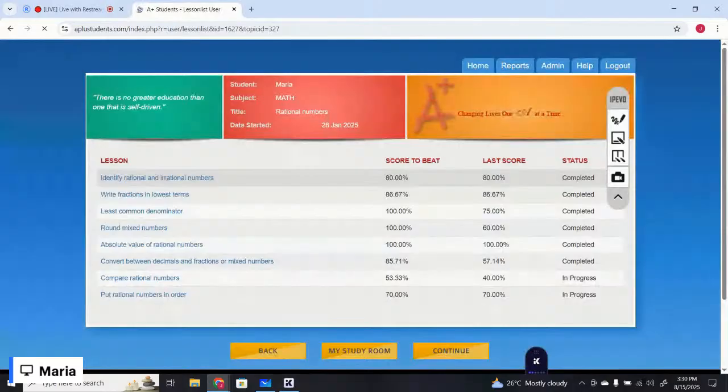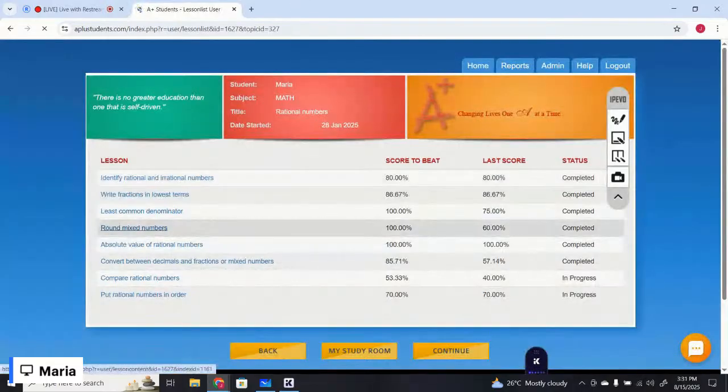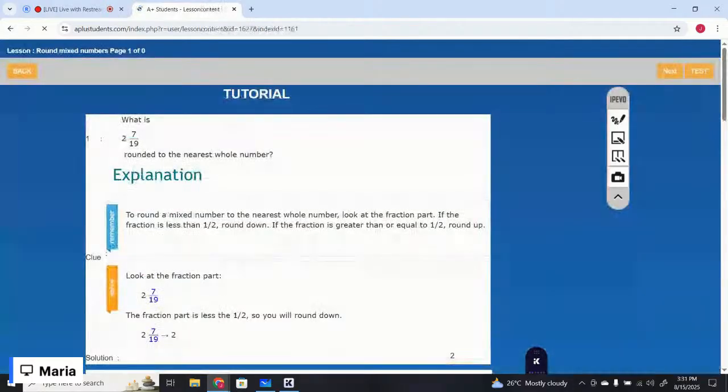Let me just move on to the next lesson. The next lesson is round mixed numbers. 2 whole 7 over 19. So just look at the fractional part, that is 7 over 19. If the fractional part is less than half, we need to round to the same whole number.